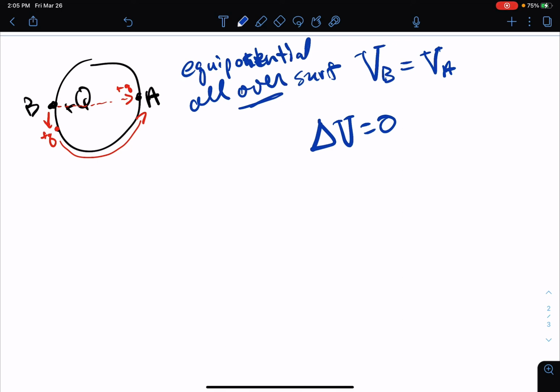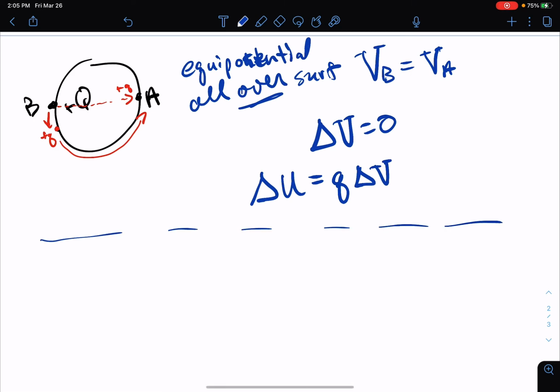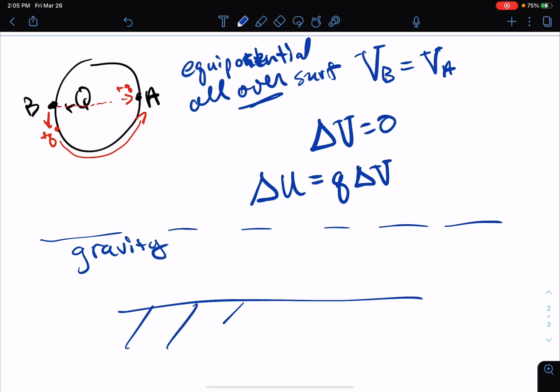Well, just to remind you what that has to do with energy, change in potential energy is charge times change in potential. If there's no change in potential, there's no change in potential energy. It's very similar if we were to think about it from a gravity standpoint. Here's the ground, and I have a block of mass m, and I'm going to pick that block up and put it right over here.